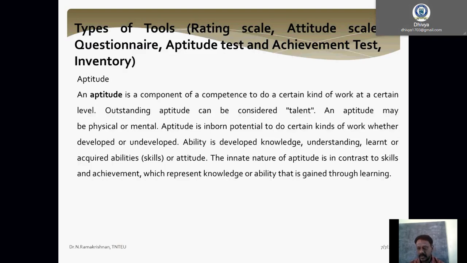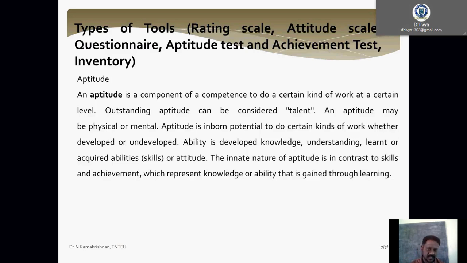So aptitude scales are of much importance, and it is very difficult for us to construct an aptitude test. But there are already standardized aptitude tests available in the psychological laboratories, built on different traits and qualities of a person, and hence selecting a test from the list of available tests in the psychological lab is very easy.